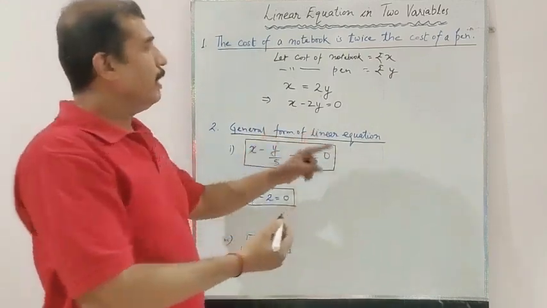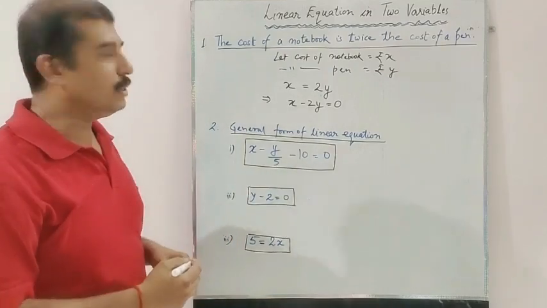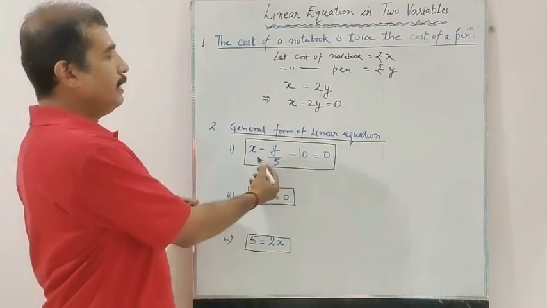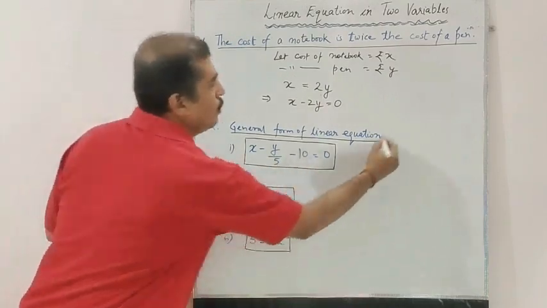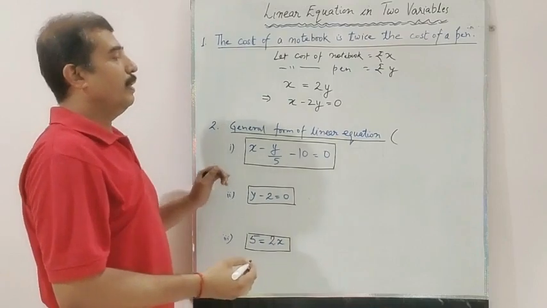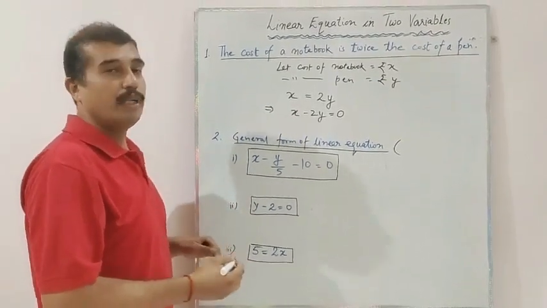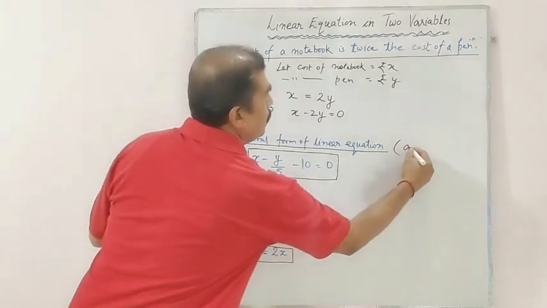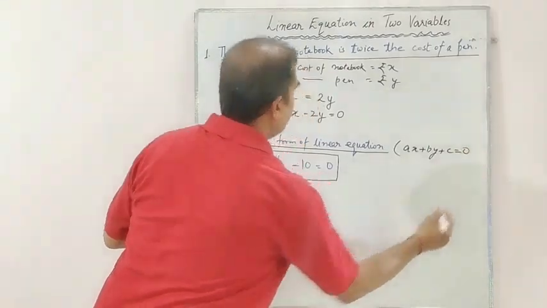We can again understand how the general form of a linear equation looks. Let us see: x minus y upon 5 minus 10 is equal to 0. If we want to represent it in the general form of a linear equation, it should be in the form of ax plus by plus c is equal to 0.